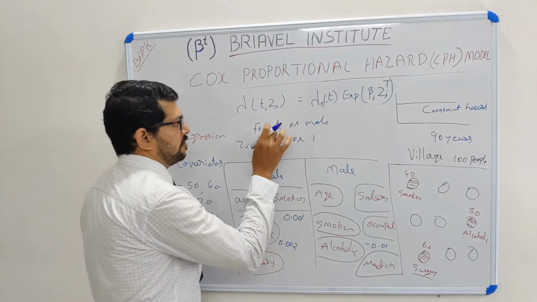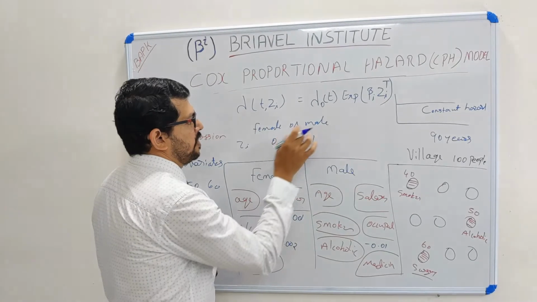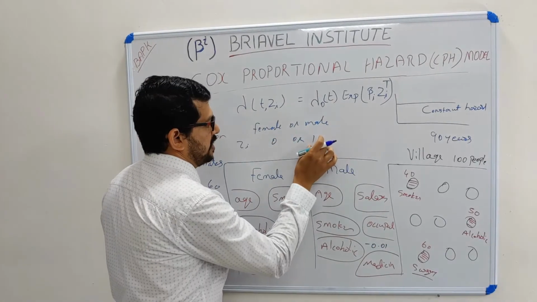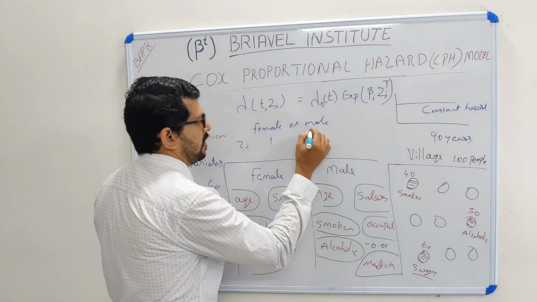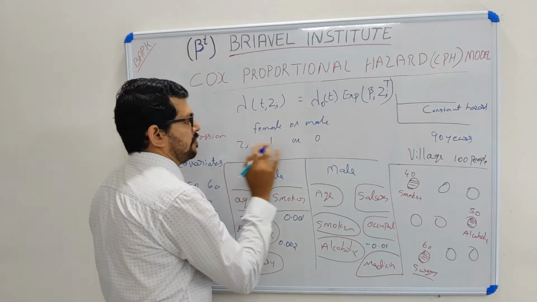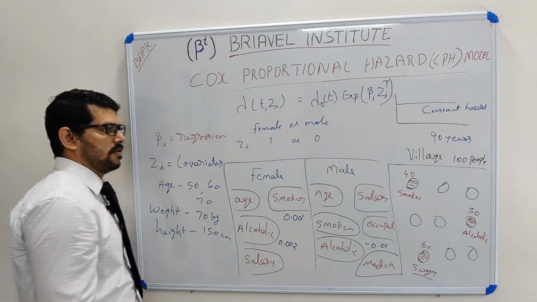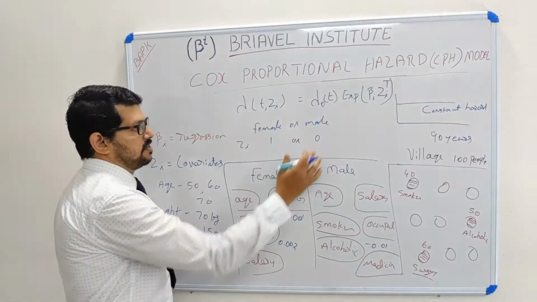If female has no regression value, then we can take it as the baseline group, 0, and male has a regression value, so we take 1. If female has a regression value, we take 1, and if male has no regression value, we take 0. This is called a dummy variable. We have to take 1 or 0. In solving the problem, we will understand what the 1 and 0 mean.